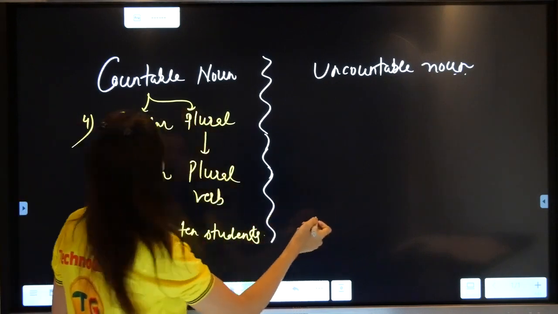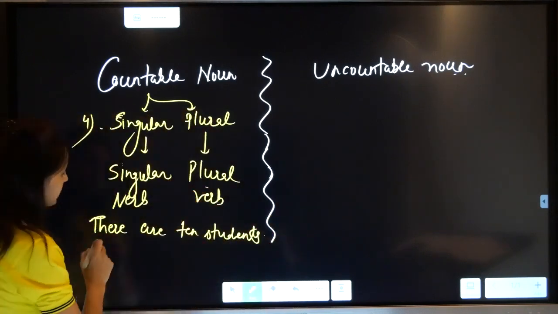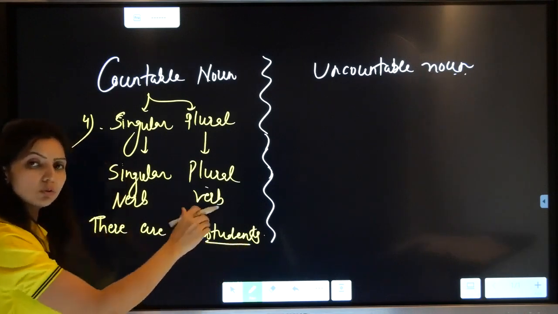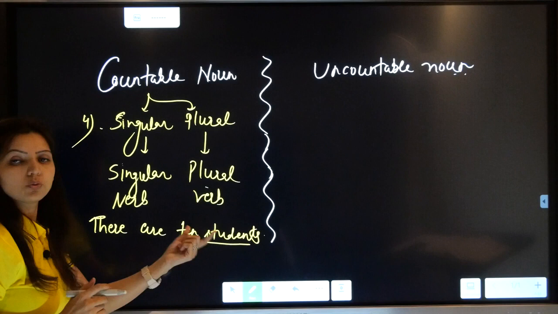In this case I am using a plural verb with a plural countable noun, so I can count the students. They can be 1, 2, 3, 4, 5. So I will write 10 students.